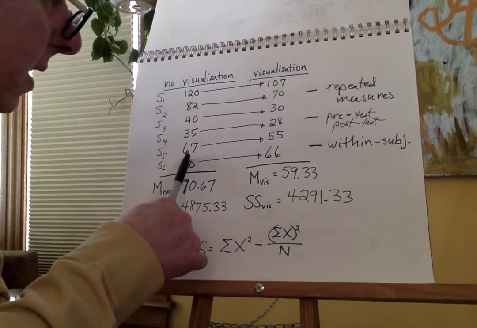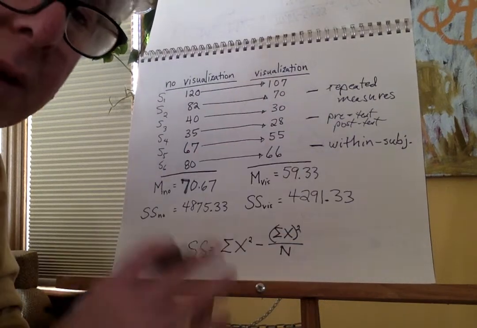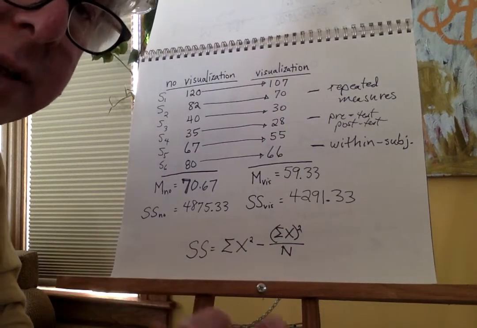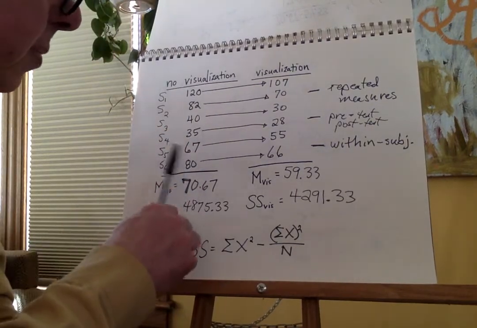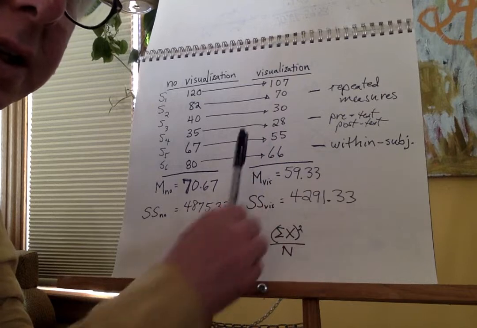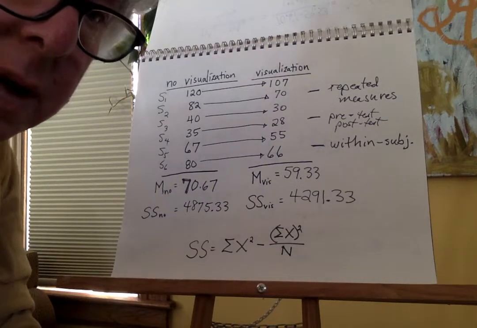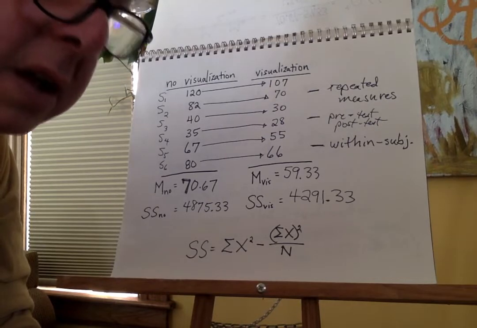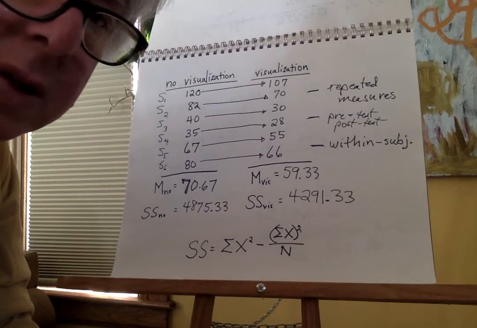So if these people are a different group than these people, then the t-test that we did is appropriate. If these are the same people being tested again, then you need to use a different t-test, okay? And I'm not going to go through that. We don't have enough time to do that.